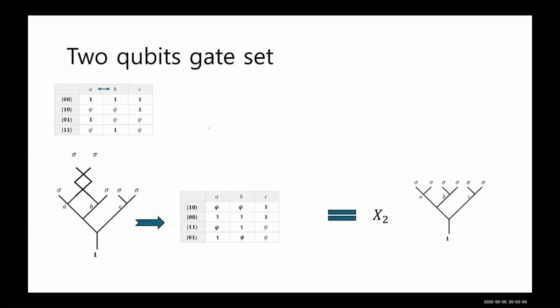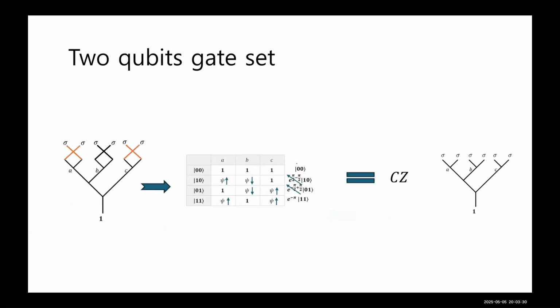And if we make a braiding between two fusion groups, as I mentioned, they're going to flip the fusion result. So the result is going to be like this. And also, as I mentioned, the first two qubits correspond to the second qubit. So this is going to be the X2 gate.